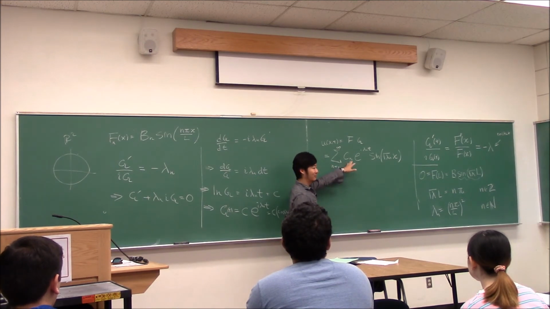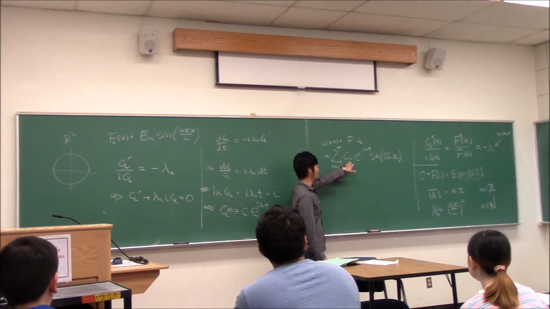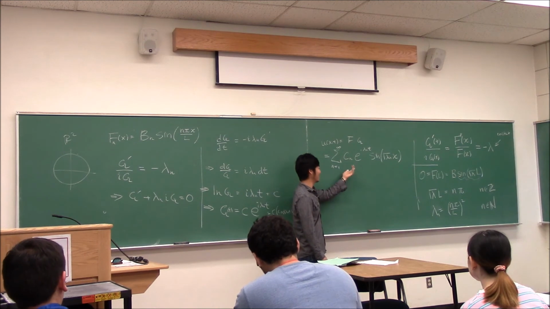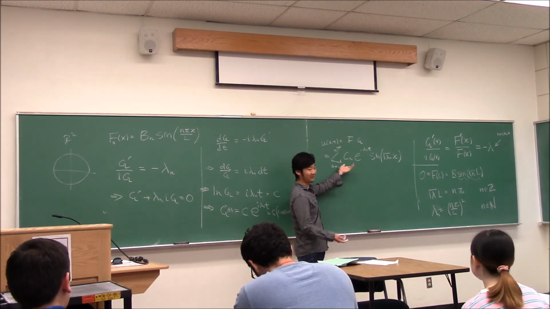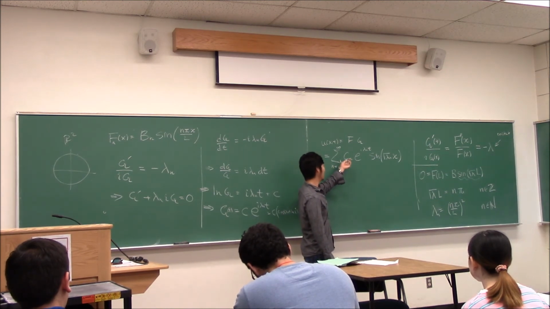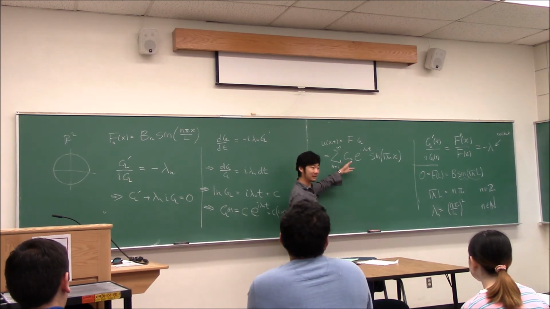Like if Cn is 0 after C2, so you only have a couple of terms, or I guess one term, then of course it's convergent. Or if Cn is on the order of 1 over n squared, then it's convergent as well. So you have a lot of possibilities here.